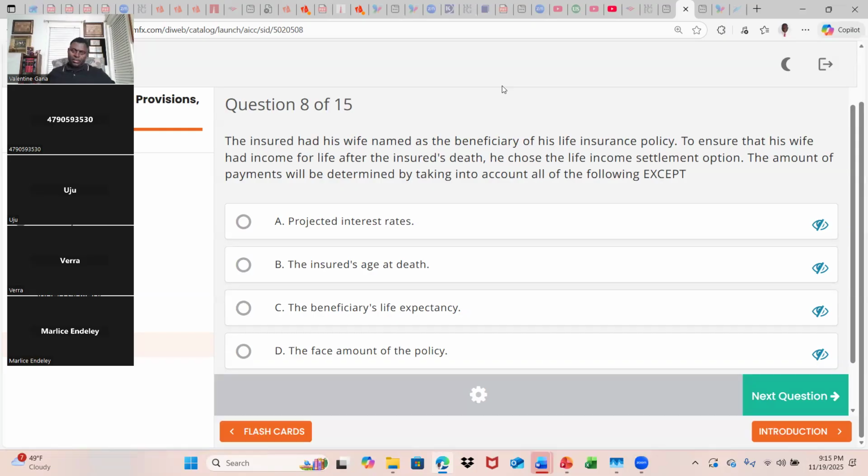The amount of payment will be determined by taking into account all of the following except. I want to think B. I don't know. There's an answer there which only God knows. The insured's age at death. There's no way you can know the insured's age of death.